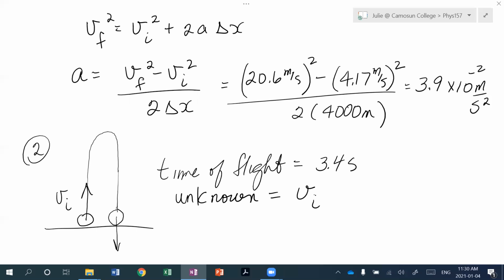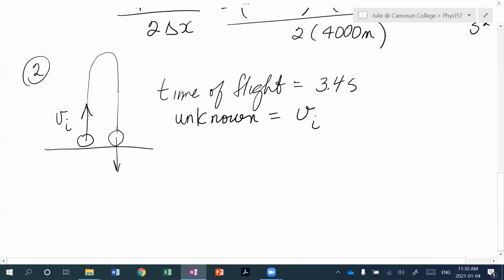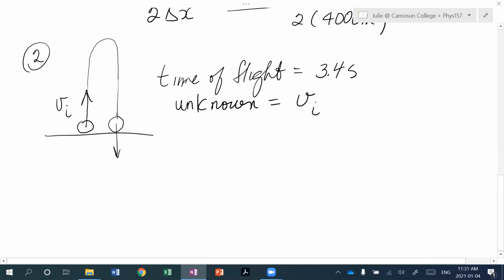Now, this doesn't appear like we've been given three numbers. You have to be given three numbers for one-dimensional kinematics problems. So how are we going to figure out what the numbers are that we're given? Well, first of all, this is free fall. So you're always going to use negative 9.8. Negative, always, always, always. On the way up, at the top, on the way down, negative 9.8.